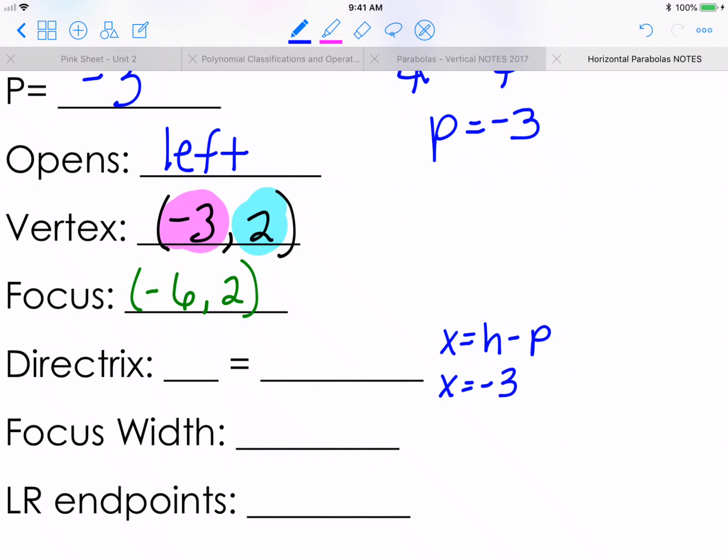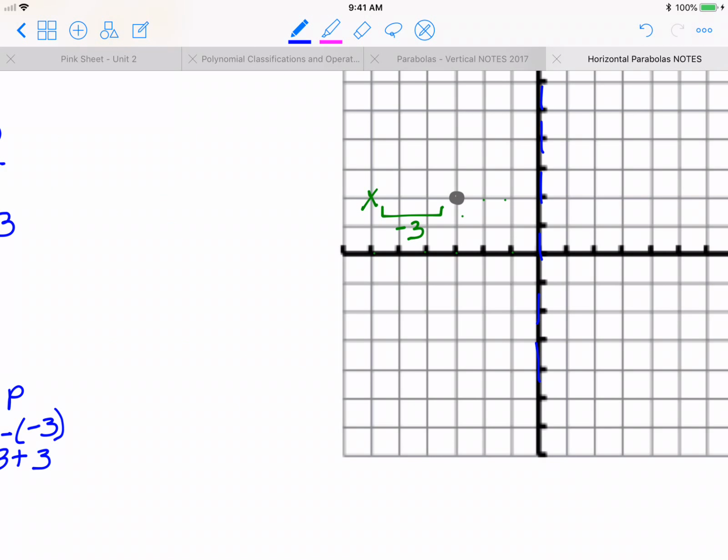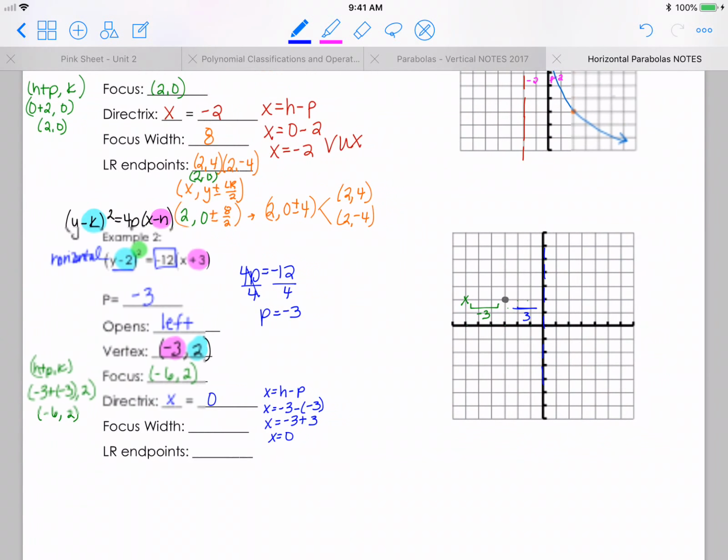So h was negative 3 minus a negative 3, which would give us a negative 3 plus 3, which would give us 0. And we've already graphed it. Directrix is 3, and we went right 3. So remember, that's the distance, that's p, the distance from your vertex to your focus, and then opposite of p is from your vertex to your directrix.